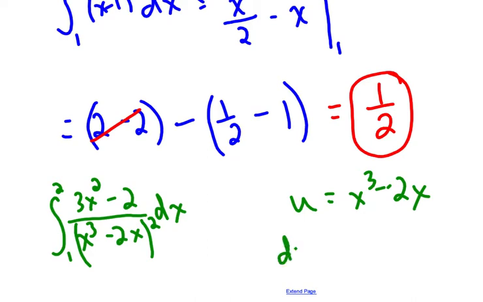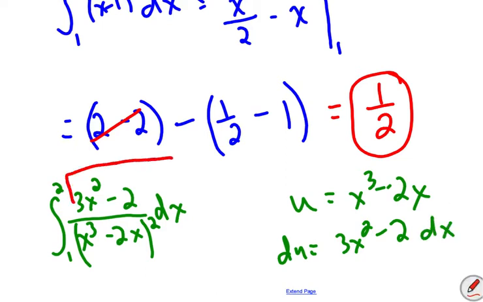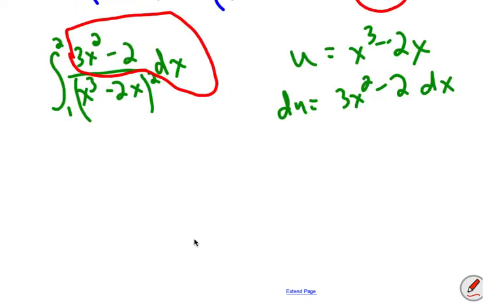When you do your derivative, du, you get 3x squared minus 2 dx, which we know we have in the numerator up here, right? So we can do this by saying the integral from 1 to 2 of 1 over u squared du. Then we can do that, add 1, so you get u to the negative 1 over negative 1, and kind of go from there, right?